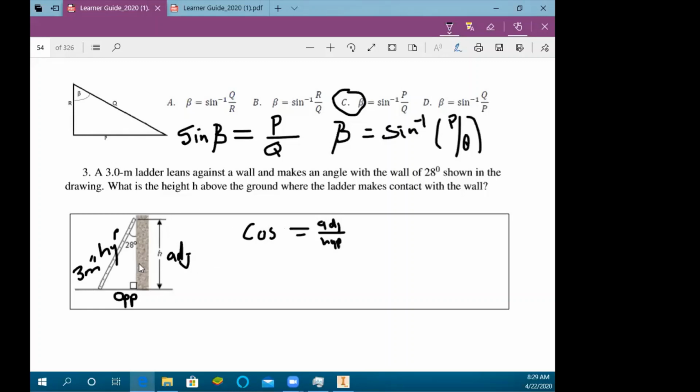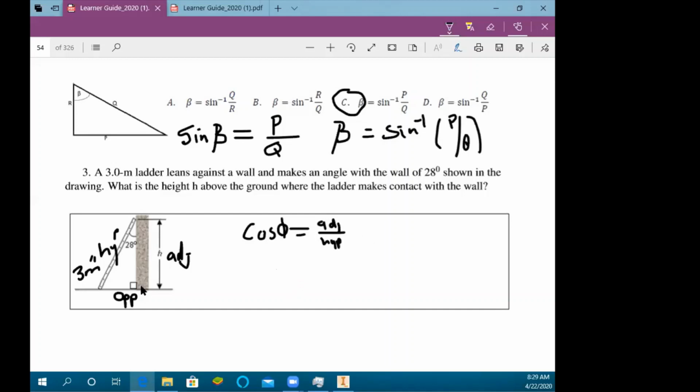So I was saying we are given the hypotenuse and the angle, and we want the adjacent. Yes, sir. So the trig ratio that we're supposed to use here is cos. Yes, exactly. So cos of the angle, let me just put a phi, is equal to the ratio of adjacent to hypotenuse.